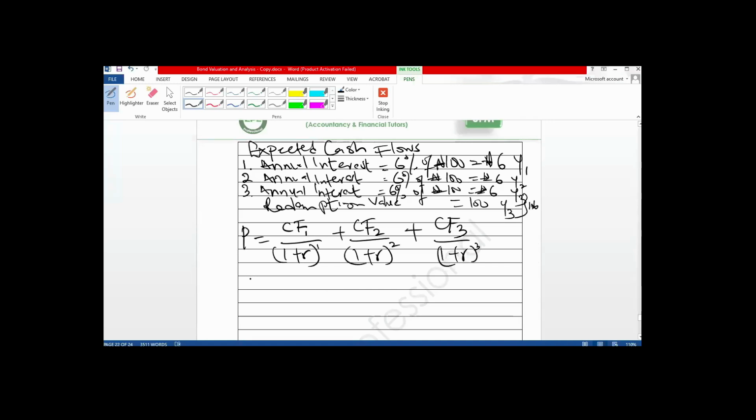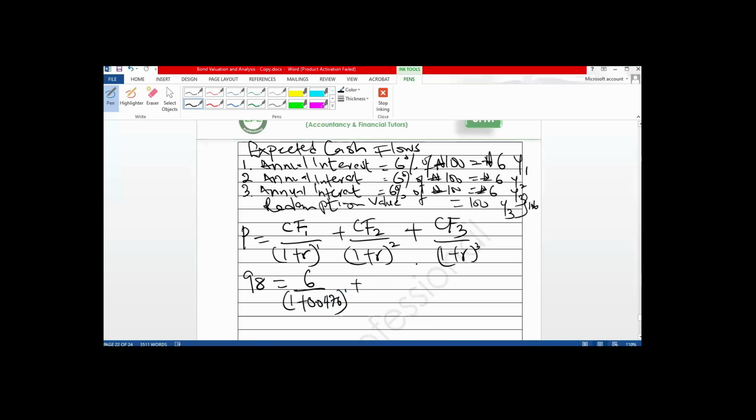The price of bond C is 98. Cash flow for year 1 for the bond is 6 naira. 1 plus R in year 1 has been computed, 1.0476 raised to power 1.